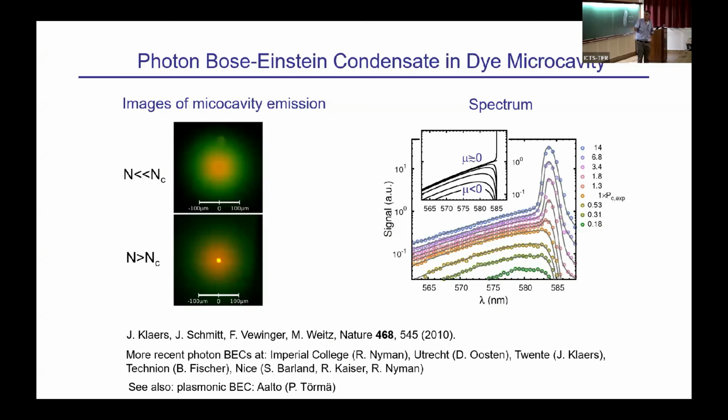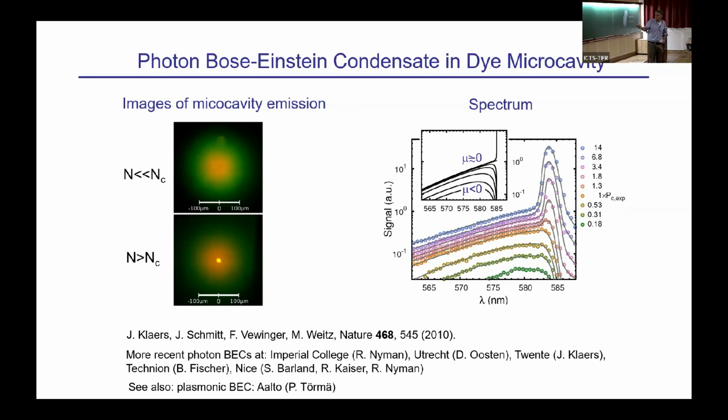So this is now typical experimental data, first in a regime much below the onset of a BEC, where we see a thermal photon cloud, and above we in addition see a peak at the center that we attribute to the BEC. To analyze things in more detail, we look at spectra. These are theory spectra up here, and these are experimental spectra, first in a regime much below the threshold to BEC.